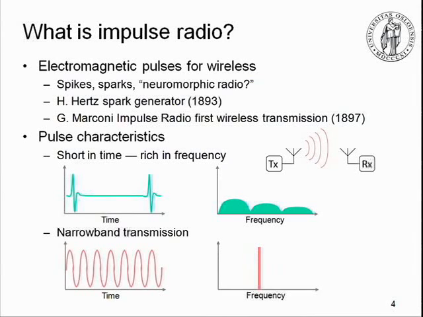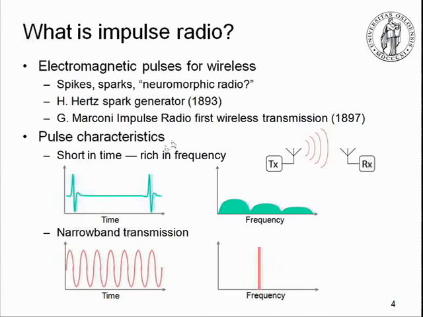What we should remember is that a very narrow spike in time has a wide frequency content. So we have a wide frequency spectrum when we have these short spikes. Compared to the traditional radio, where you have a carrier wave, it's actually a very narrow band in frequency. I guess most of you know these fundamentals, but it's good to keep them in mind when you start to understand these kinds of systems.